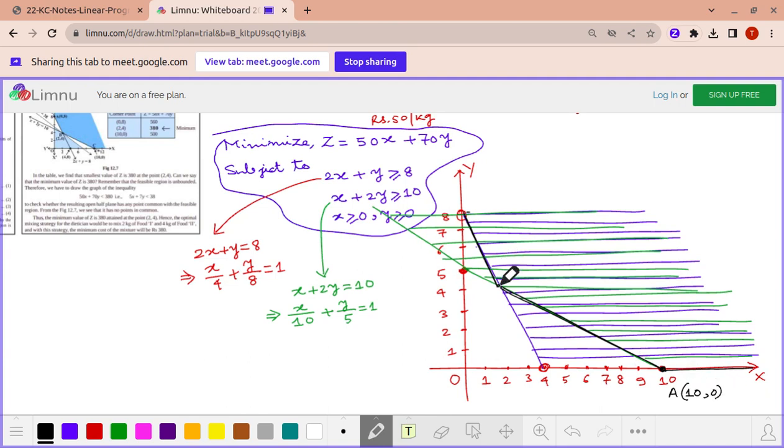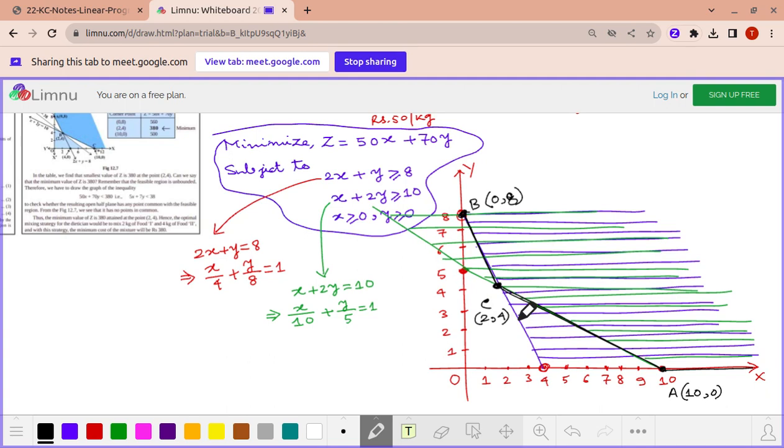Then this is the point B, with coordinates 0, 8. Next, this is the point C, which is the intersection of the two straight lines 2x plus y equal to 8 and x plus 2y equal to 10. If you solve it, you will find the coordinates of point C are 2, 4. I am not spending time solving these two linear equations. This is quite basic.